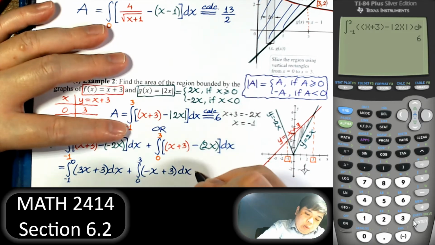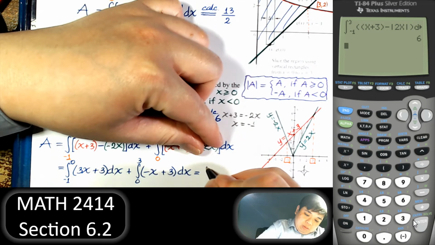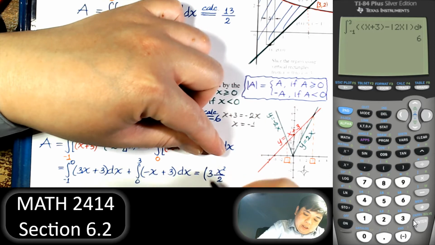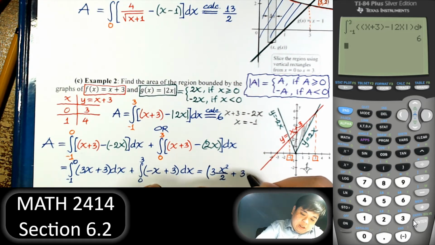Right. So when we integrate, the integral of 3x plus 3 is 3x squared over 2, and then plus 3x. Integrate from -1 to 0.